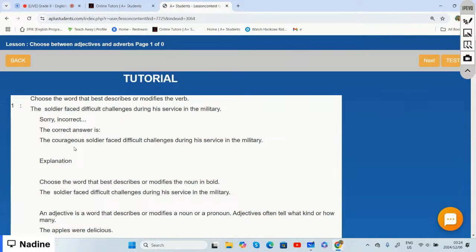We're going to choose the word that best describes or modifies the verb. And remember, a word that describes or modifies a verb is an adverb. So we're going to identify the adverb within the sentence.